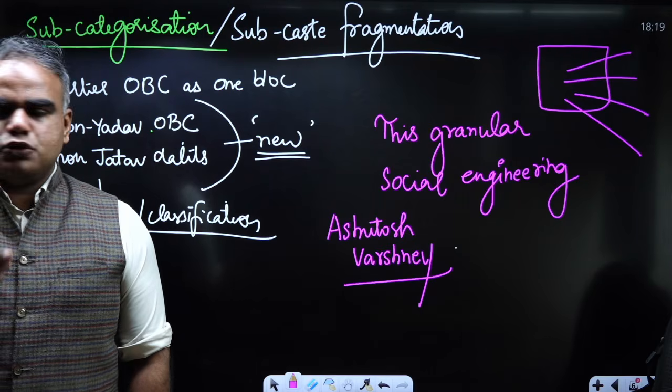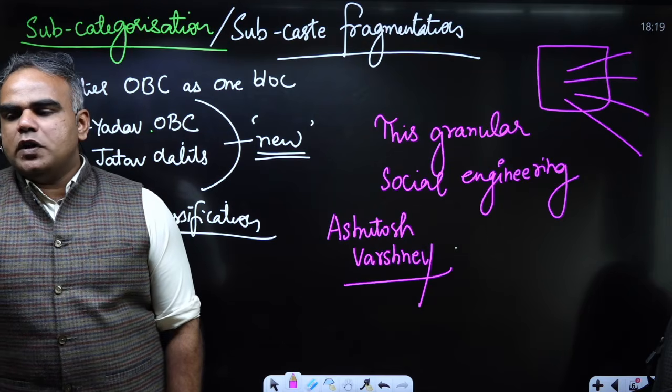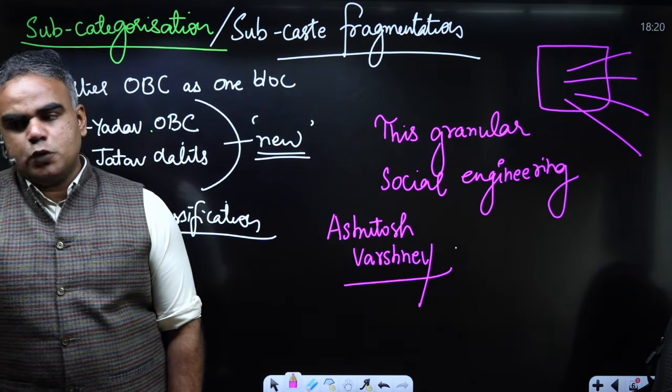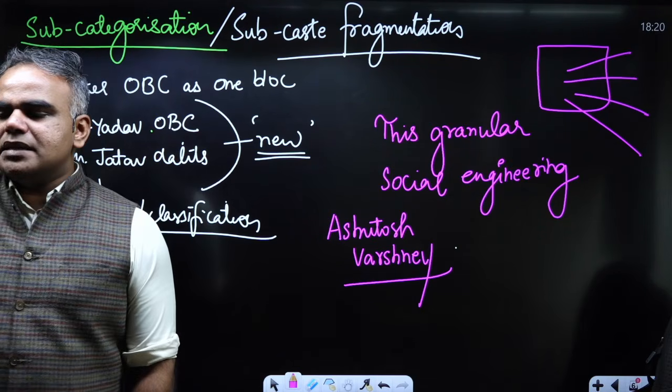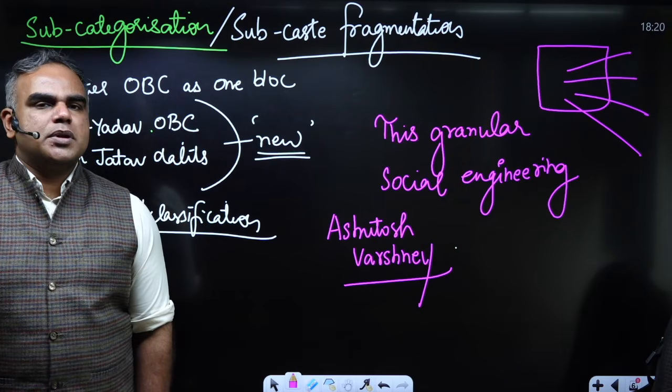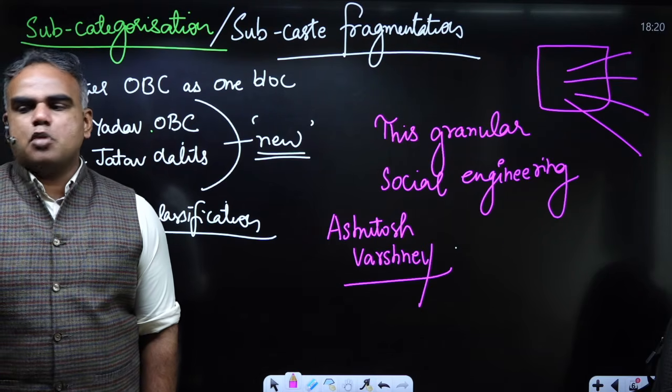Now there is fragmentation, so it reduces the possibility of unified social justice coalitions and increases competitive populism.